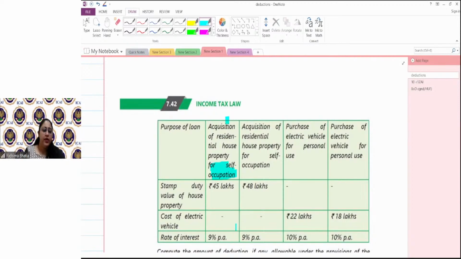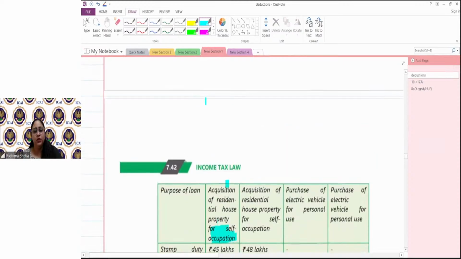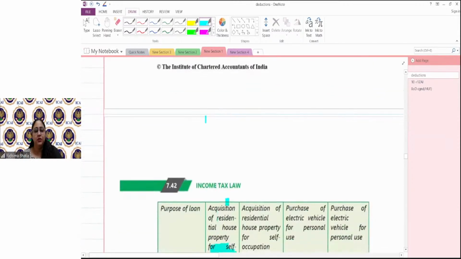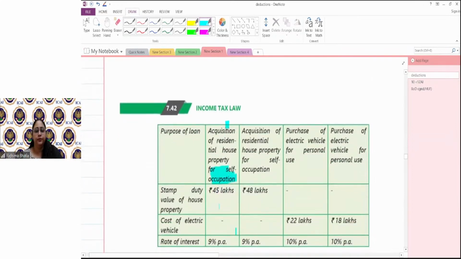Yes, okay. Interest on 45 lakhs at 9%. How much is the loan? Sorry, not on stamp duty. Loan is 43 lakhs. 9% on 43 lakhs is 3,87,000. Now out of 3,87,000, first of all under 24B I will claim 2 lakh and under 80EEA I will claim 1,50,000.